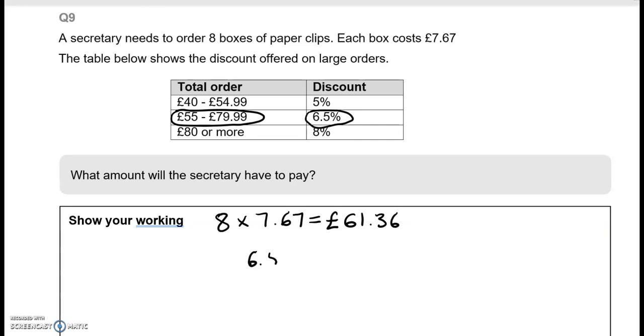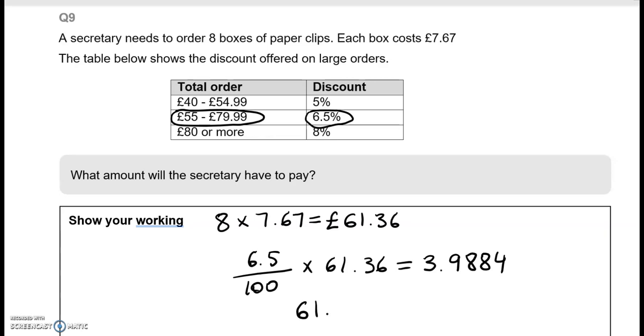So 6.5 out of 100 times 61.36, which is the full amount. That gives us 3.9884. Now we'll take this away from the full amount.